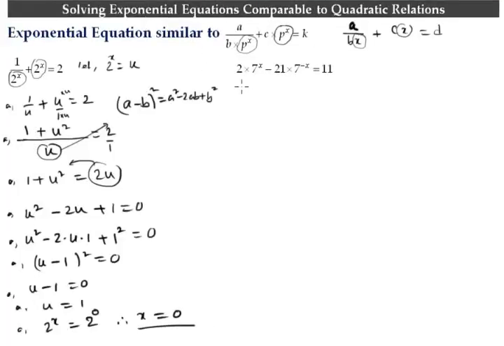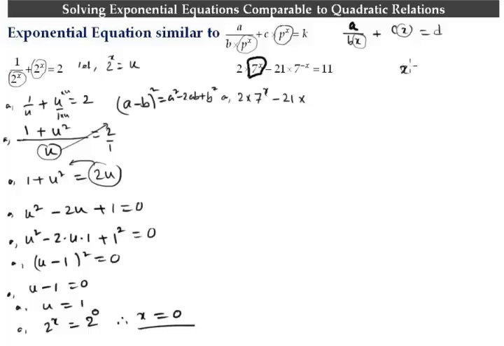Okay, let us do the second example now. In this second example, we have 2 times 7 to the power x minus 21 times 7 to the power minus x equals 11. So here one exponent term is 7 to the power x, another one is 7 to the power minus x. So first we will convert this 7 to the power minus x into a positive power.